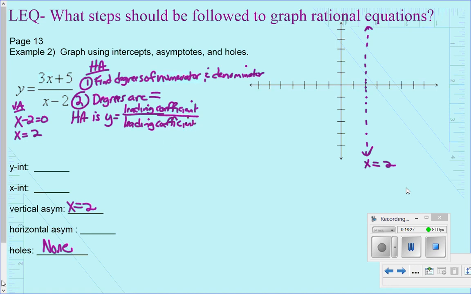So in our example here, we already checked the degrees. Again, they were both 1, so they're equal. So I look at the leading coefficient, which is 3, and I divide that by the leading coefficient, which is 1. So I'm getting y equals 3 divided by 1, which is y equals 3. So my HA, y equals 3 over 1, I'm getting 3. So y equals 3 is my horizontal asymptote.